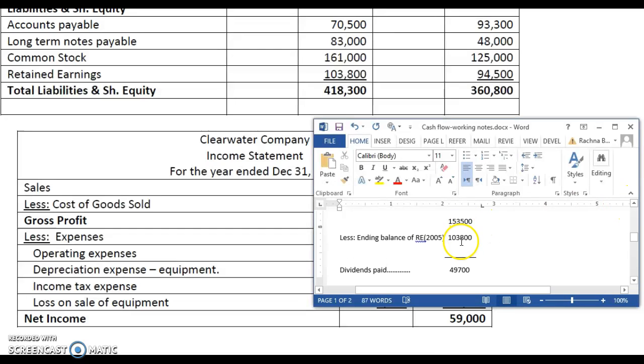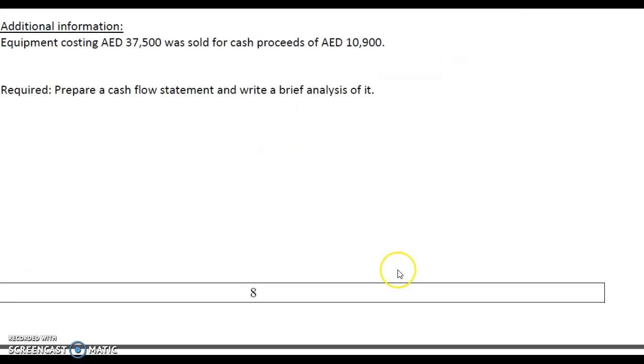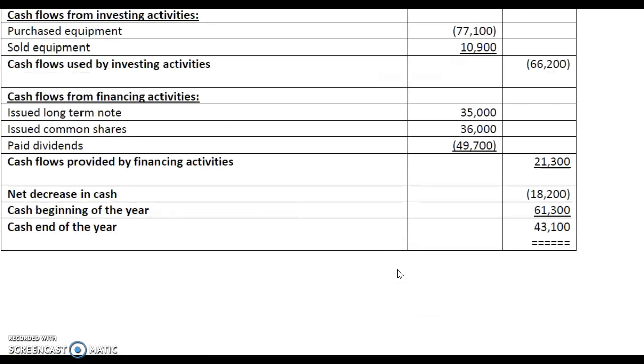So 153,500 minus 103,800 will give us the amount of dividends paid, which is 49,700. We record this in the cash flow statement under the heading cash flows provided by financing activities, paid dividends minus 49,700.